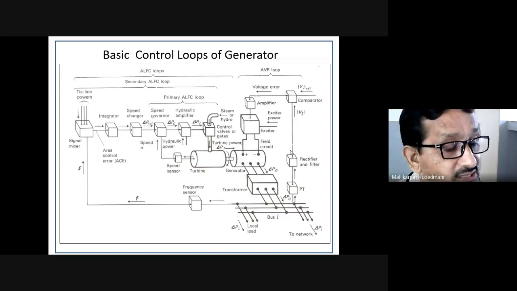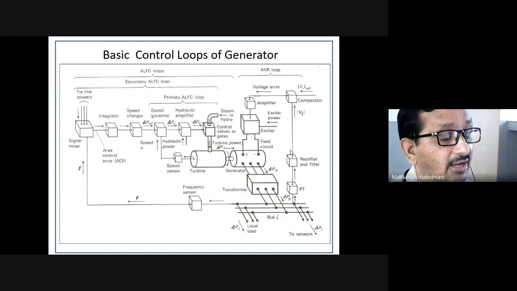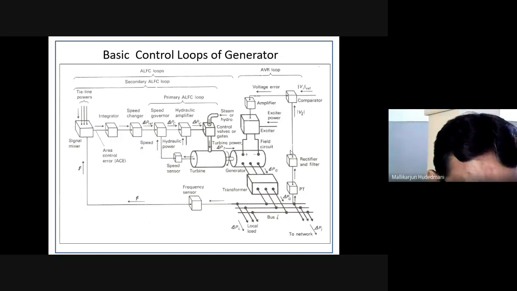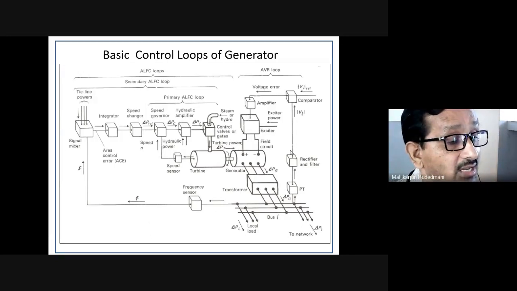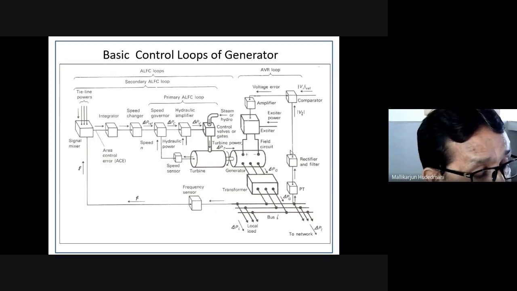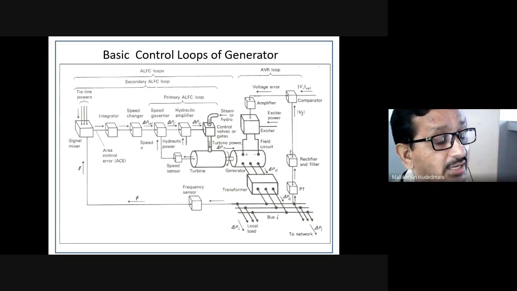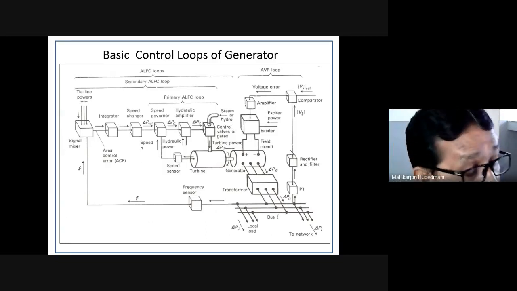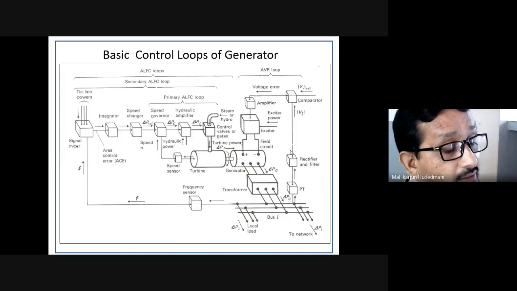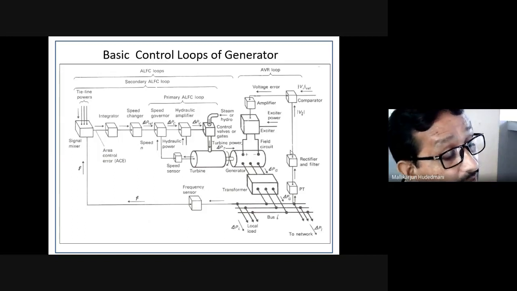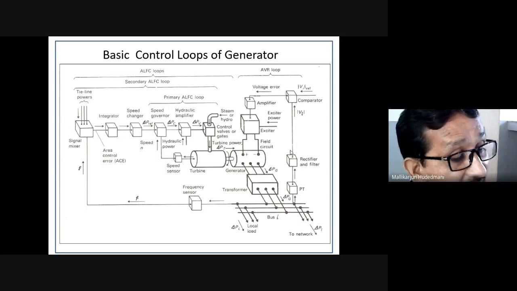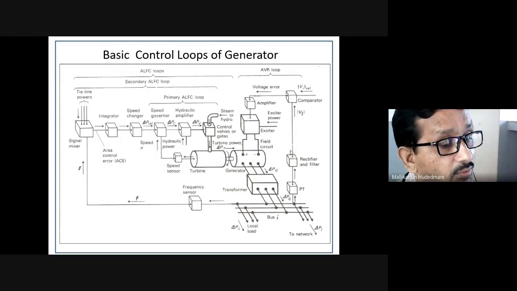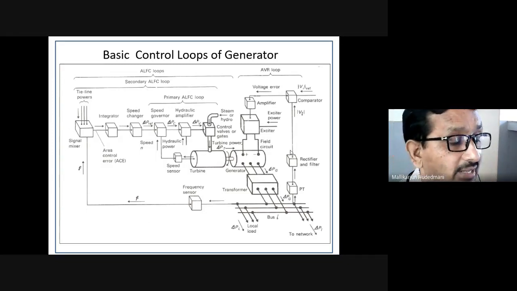This is a bigger block diagram. I have taken this from O.I. Elgerd's textbook, Electric Energy Systems Theory. Similar diagrams are available in D.P. Kothari, Wood and Wollenberg, and others. They need not be exactly identical, but the concept we find needs to be similar.